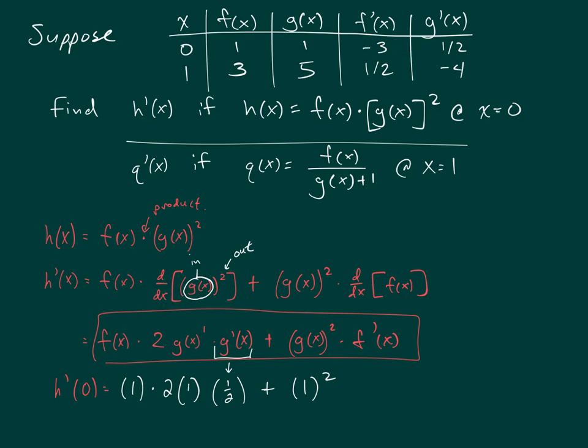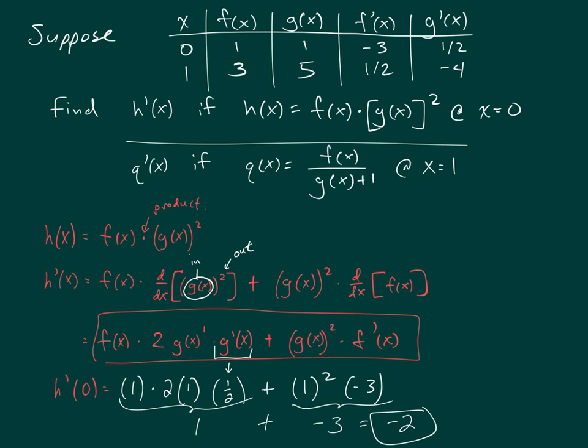So this will be multiplied by -3. So here I will have 1 times 1 is 1, times 2 is 2, half of 2 is 1. So this whole piece is 1, plus 1 squared is 1 times -3 is -3, and this is -2.